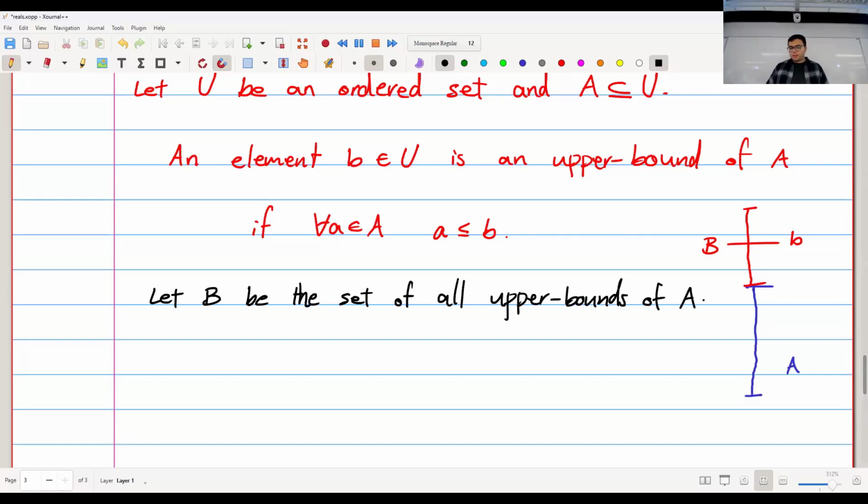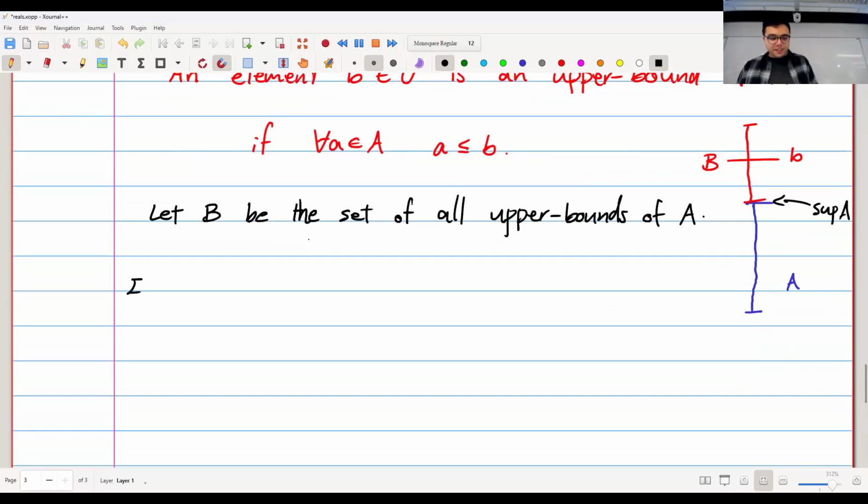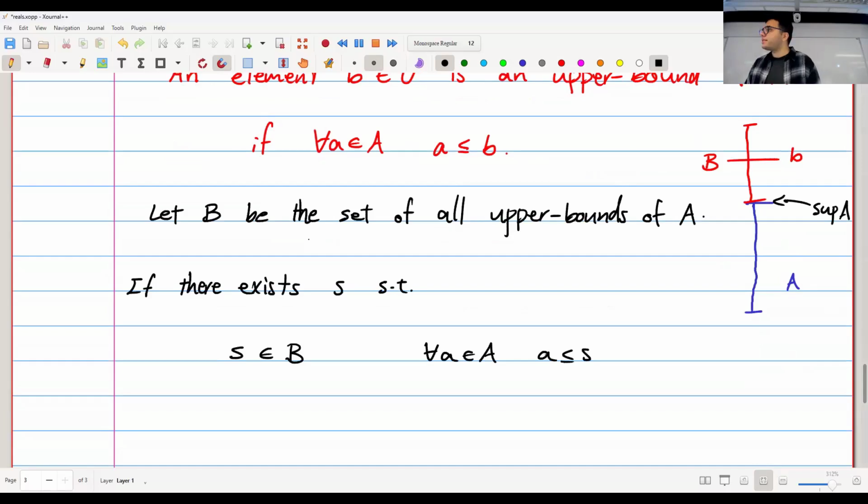Okay, I want to take this smallest upper bound, and I want to give it a name. I'm going to call it the supremum of A. Yeah, I want to say this. I want to say if there exists some number, let's call it S, such that, first of all, S is an upper bound on A. So S is in B. Or another way of writing this is that for every a in A, a is less than or equal to S. Okay, but also it's the smallest upper bound.